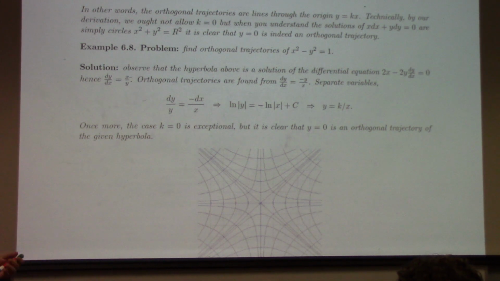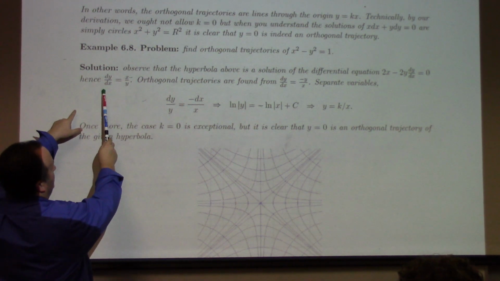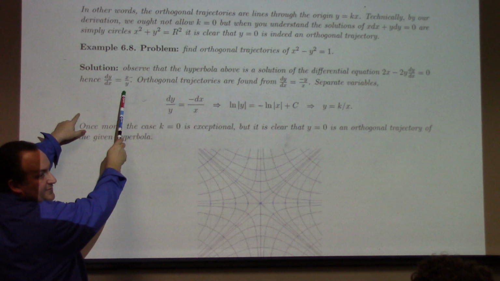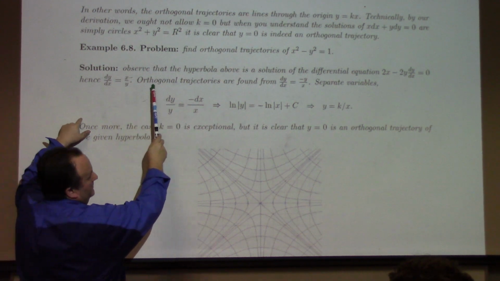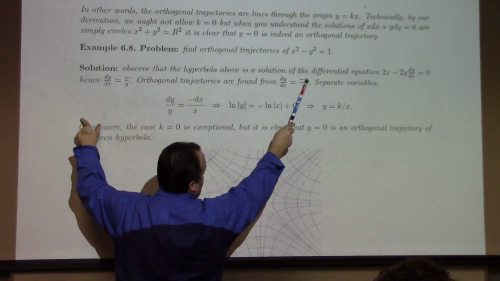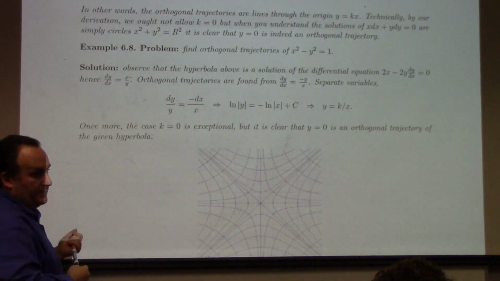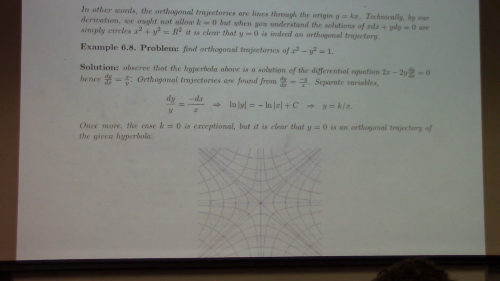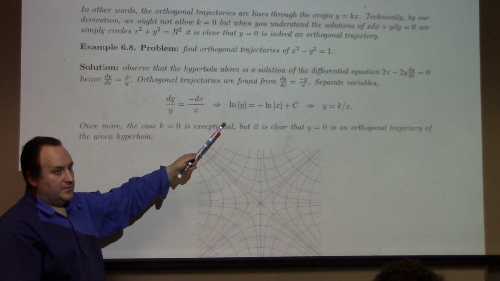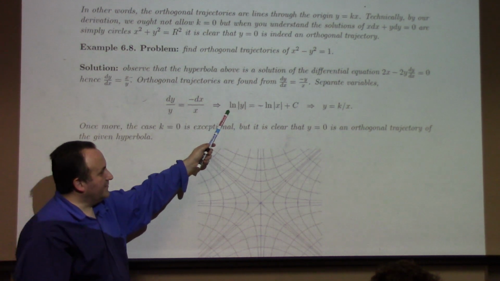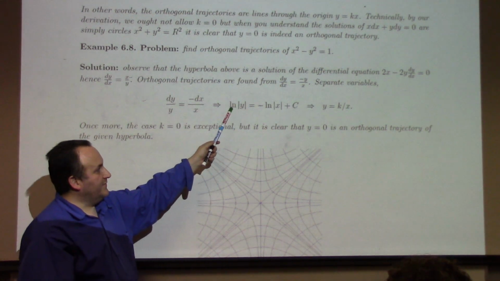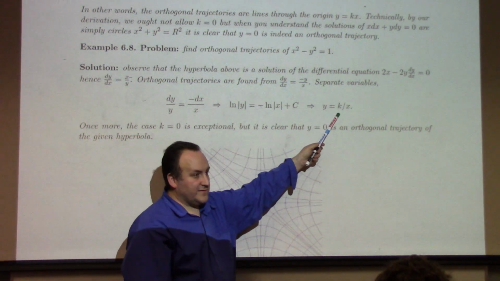Once you find that, you can find the orthogonal trajectory, because that gives me dy dx equals x over y. So how do you find orthogonal trajectories? You solve dy dx equals minus y over x. When you separate, integrate, clean it up and solve for y, you get y equals k over x.